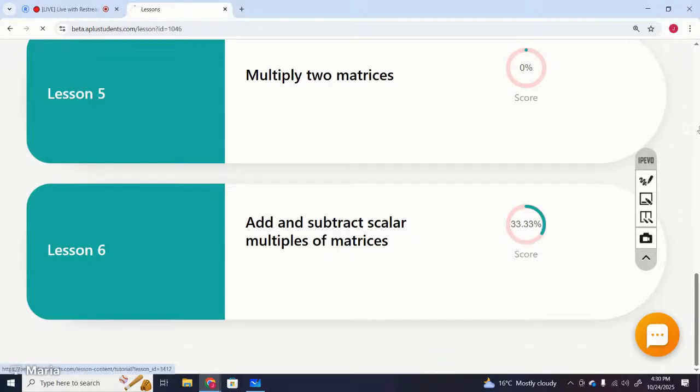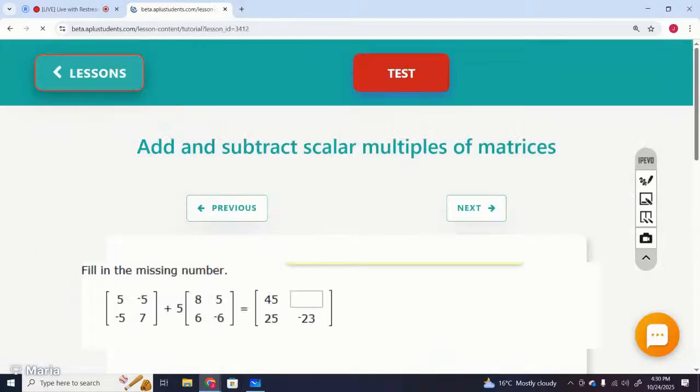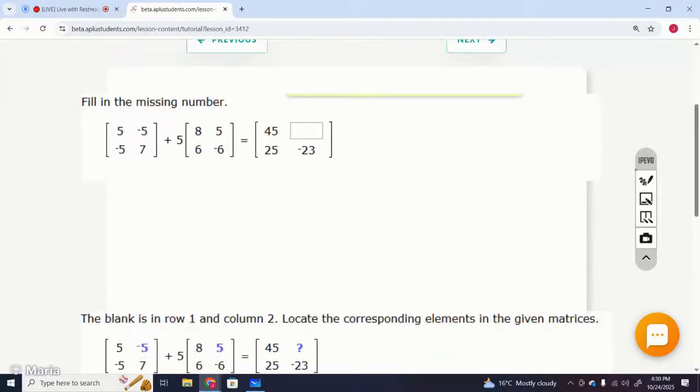Add and subtract scalar multiples of matrices. Fill in the missing number.